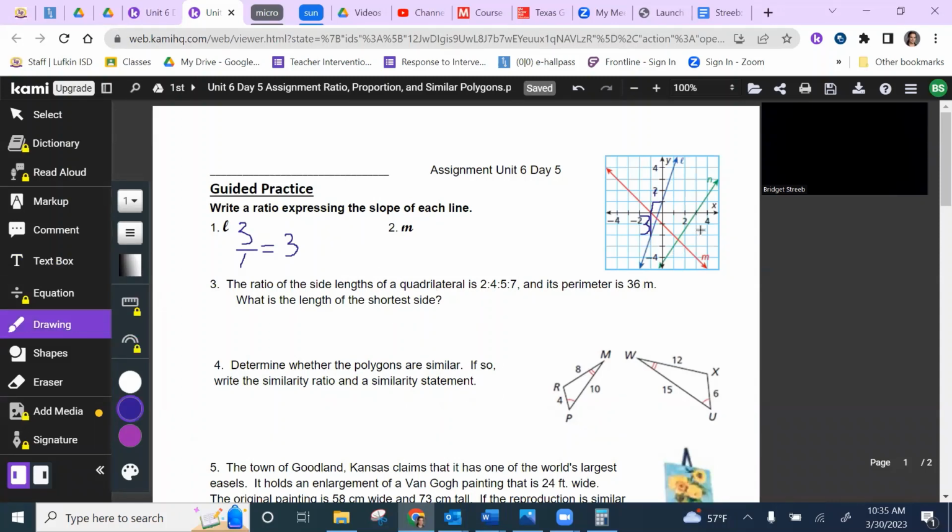Then we're looking at the slope of line M. So again, we find a point, we go down this time and to the right. So that's a -1 and 1. And -1 over 1 reduces to -1.